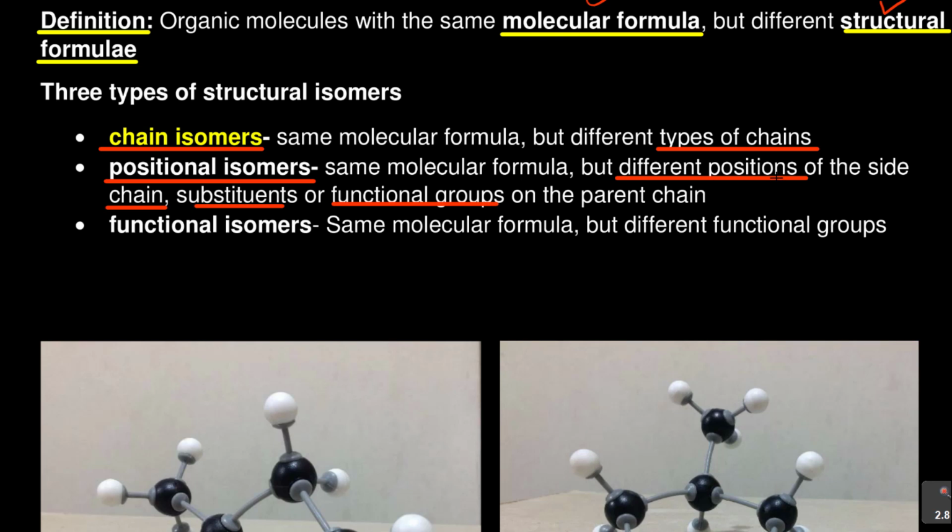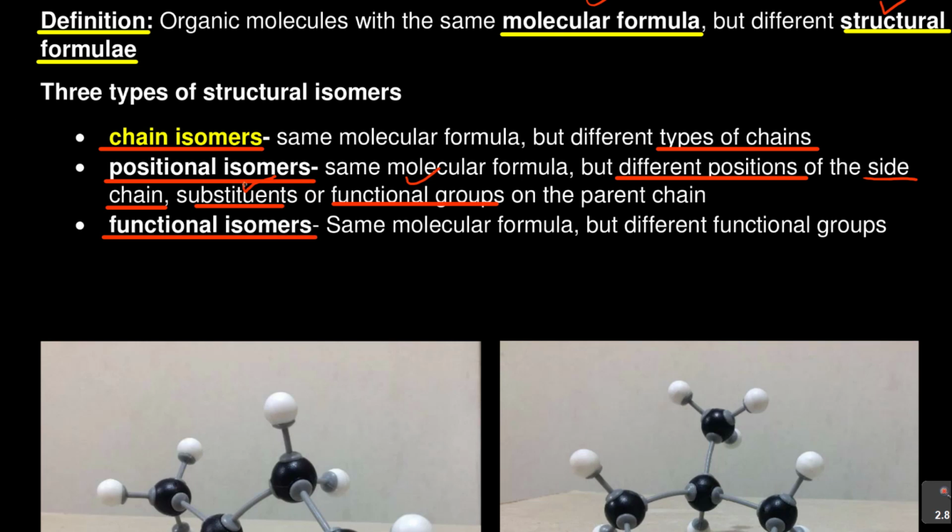All of them have the same molecular formula, but what is different is the positions, mainly of the functional group, sometimes of the substituent, and sometimes of the side chain. I'll explain that. And then lastly, we've got functional isomers.